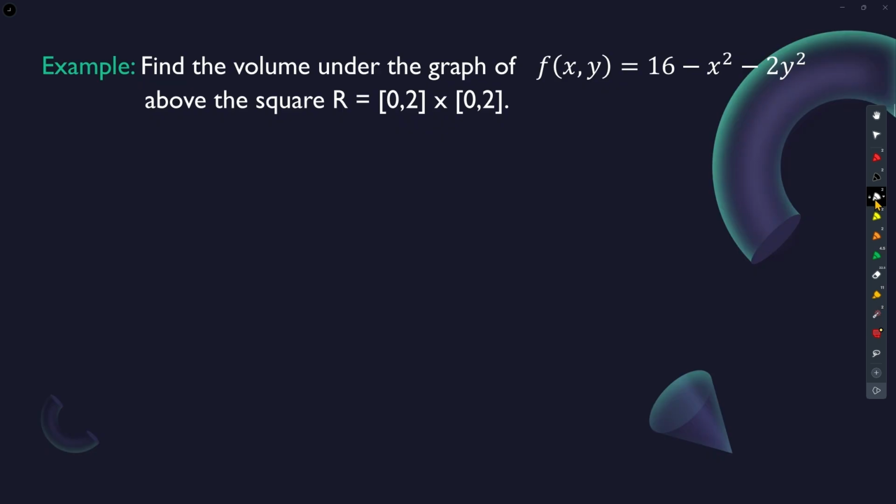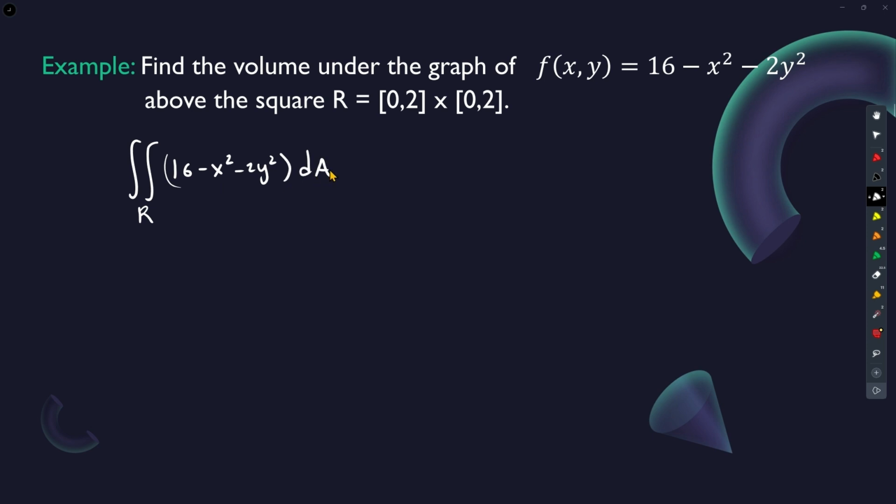Let's start with the graph of the function we had in the previous example. Let's compute the actual volume, not just approximations using Riemann sums, but the actual volume under the graph. So we want to find the double integral over this rectangle of the function 16 minus x squared minus 2y squared dA.